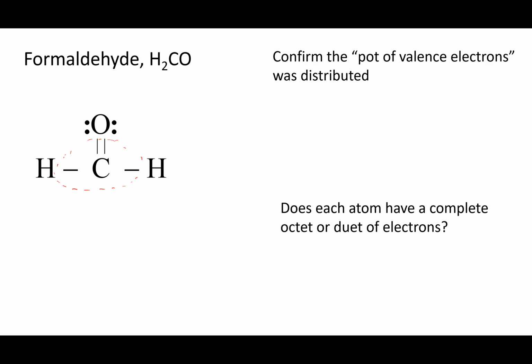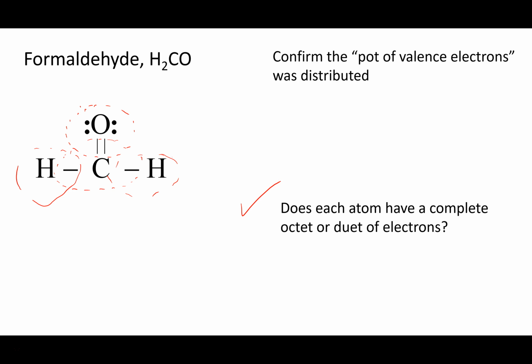So that carbon atom has 2, 4, 6, 8. It has a complete set of 8 electrons. I'm going to make another Venn diagram around my oxygen. Again, with this joint custody with 4 electrons here, we have 4, 6, 8. It's got 8. And then, of course, the hydrogens are duets. Okay, so the answer there is yes.